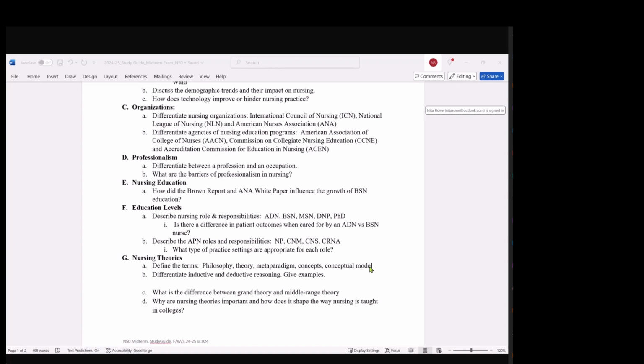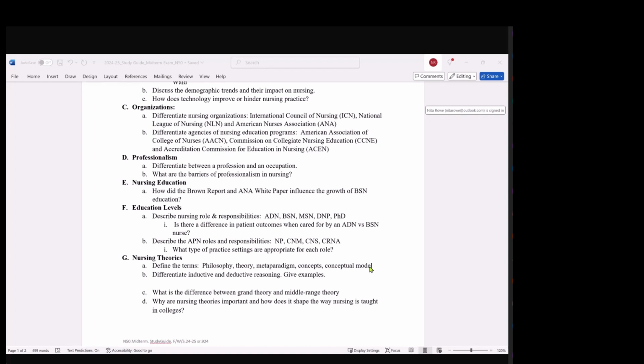Absolutely. Now, that's true for the majority of these credentials, right? ADN, BSN. But again, there are certain specific roles that they can do. It depends on the field, but patient care and bedside, right?